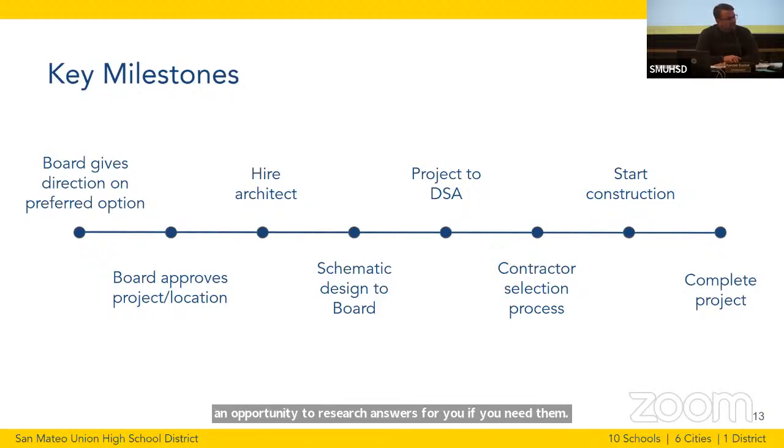At the December board meeting, what I would hope for is some kind of direction from the board so that we can start thinking about a timeline, lining up when we could have a schematic design for you, all of those kinds of things. That takes time. It takes time to work with an architect. I'll take direction tonight if you'd like, but we built it into the timeline to give you time to think about it. Trustee Land.